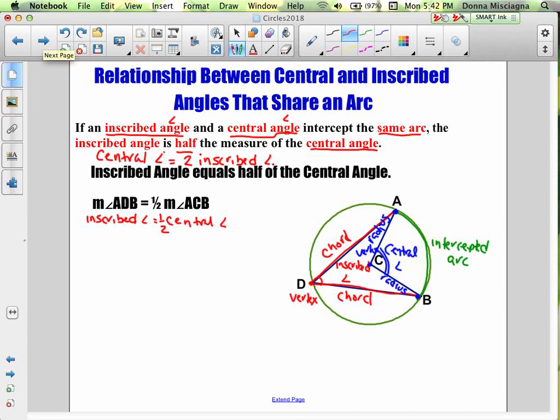We could also say that 2 times angle ADB equals angle ACB, because it works the other way. 2 times the inscribed angle equals the central angle.